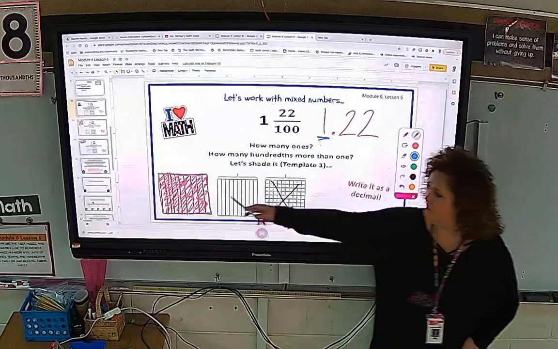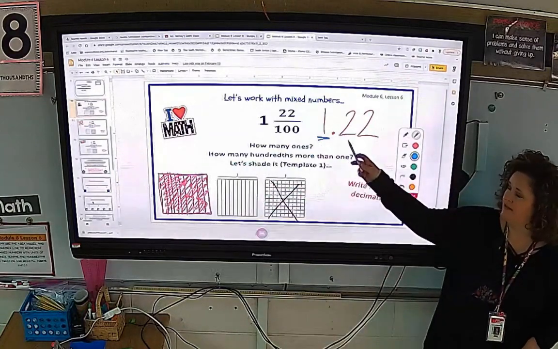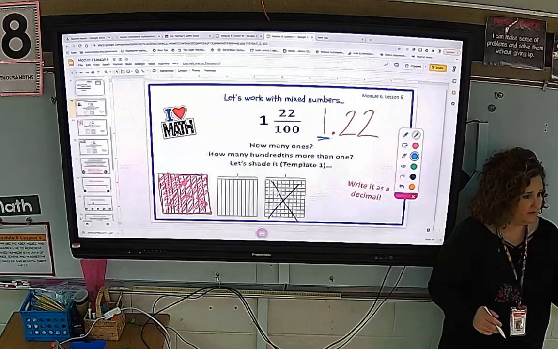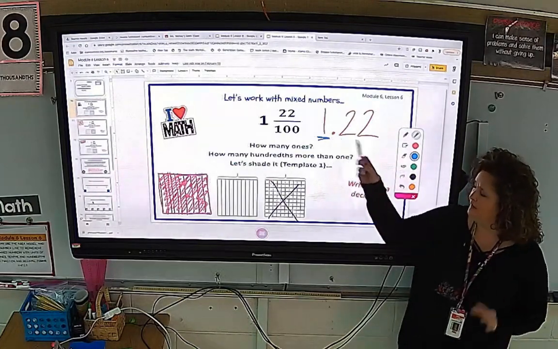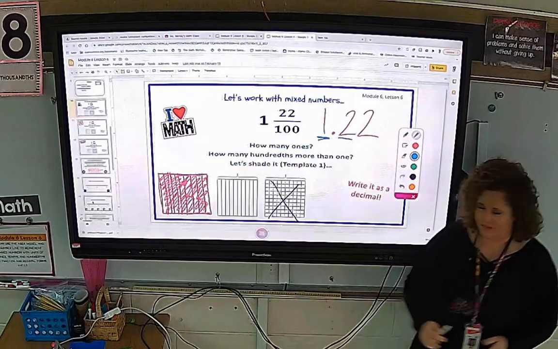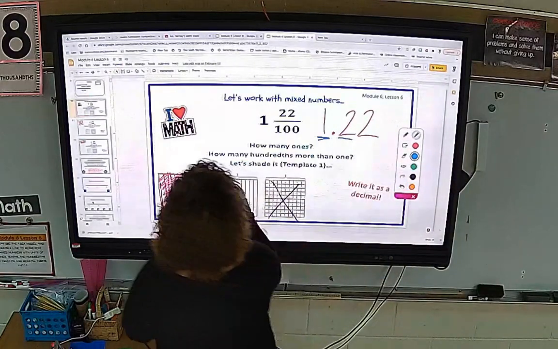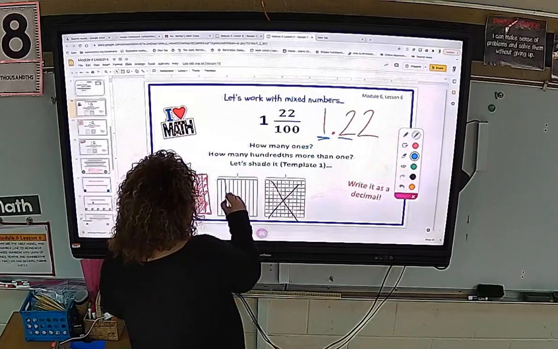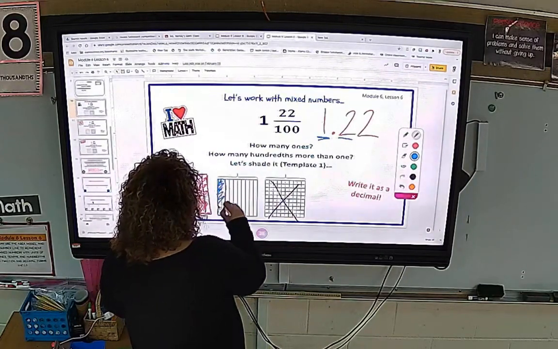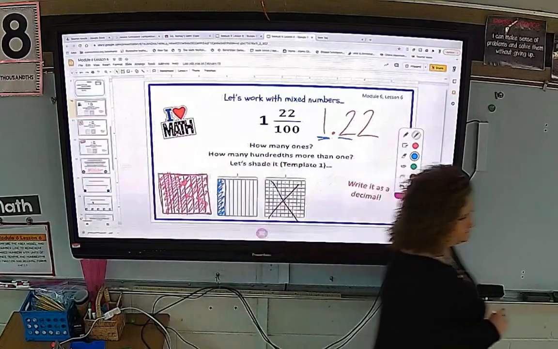There's our one whole. Now we move to the tenths place. This is really important because you've got to visit every place that has a digit. I need 2 of the tenths. Each of these columns is a tenth, so we're going to shade in 2 of these completely. Just like that.